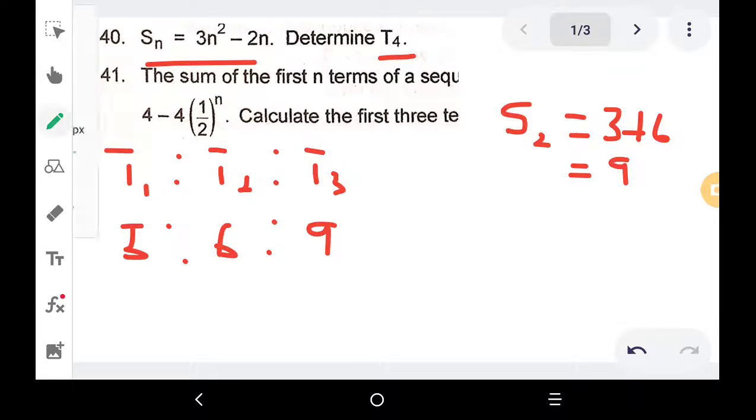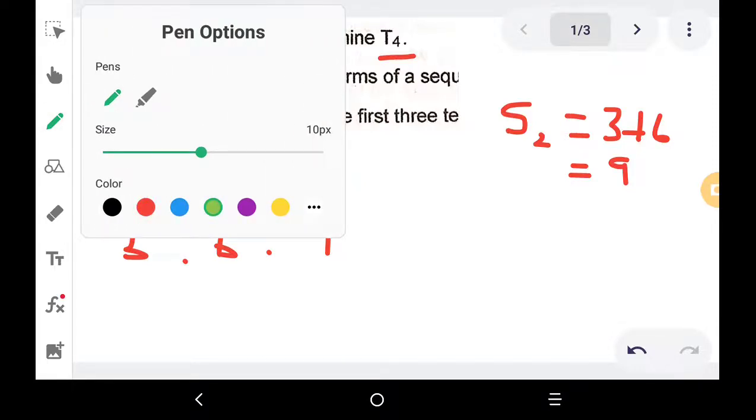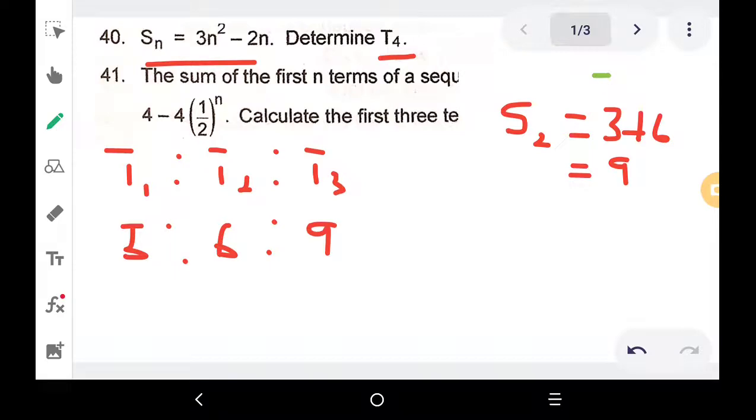Now, this can also be written as term number 1 plus term number 2. So basically, if I wanted to get S2, it's going to be given by adding the first two terms. Now, let's suppose that I say, give me the sum of the first three terms. How will you get it?